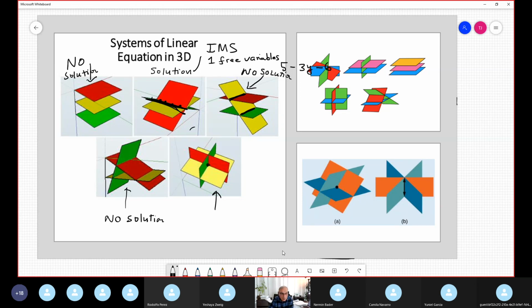Look, that point. Because, for example, in between the equation red and equation green, we have a line, this line. And the intersection between this line and the plane yellow is this point. In this case, unique solution. Okay, so we have a similar idea.